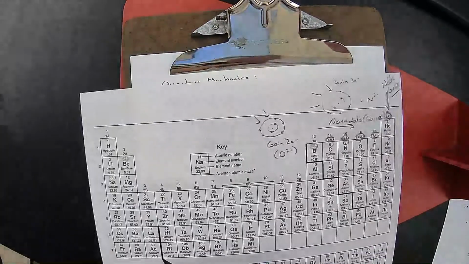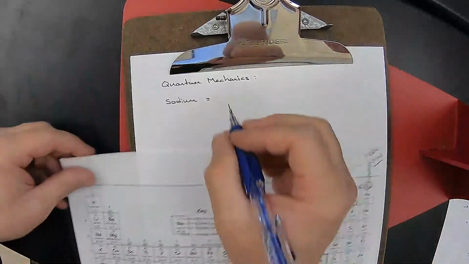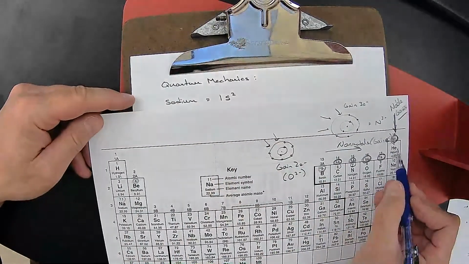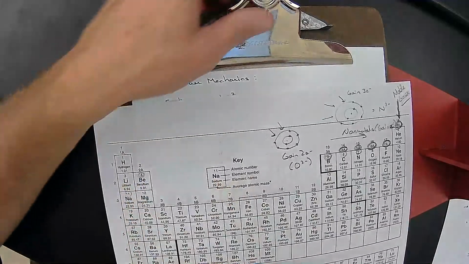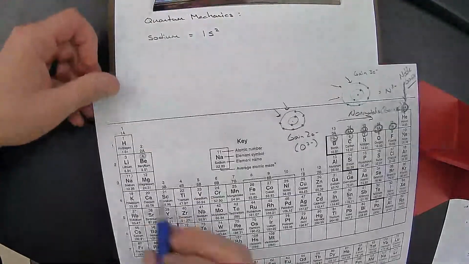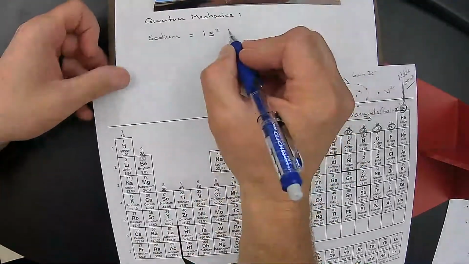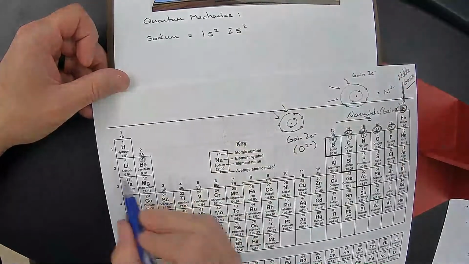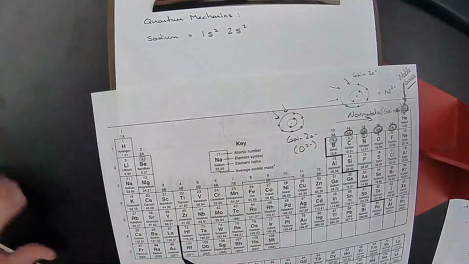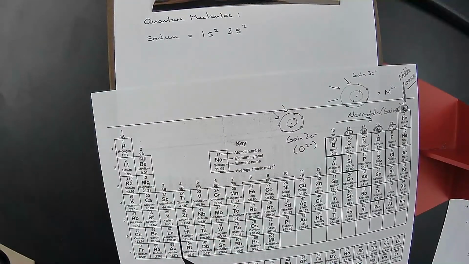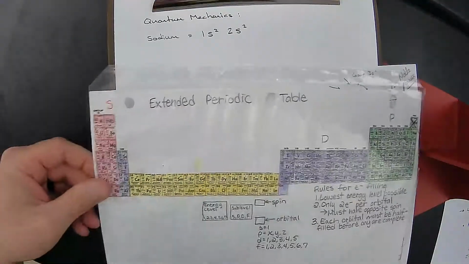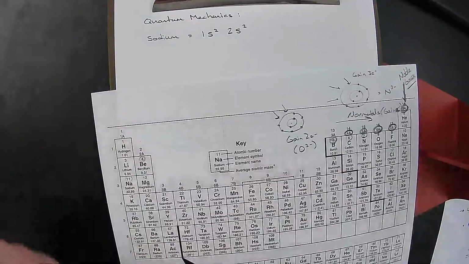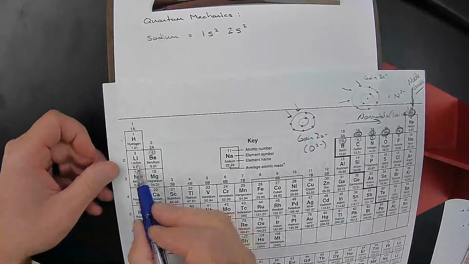So if we look at sodium and we start walking through the periodic table, we've got 1s2. Helium really belongs over on this side. Then we've got 2s2, and this area is the s. If I use our sheet, you can see that this principal quantum number 2 starts with the subshell of s, and we count over 2.